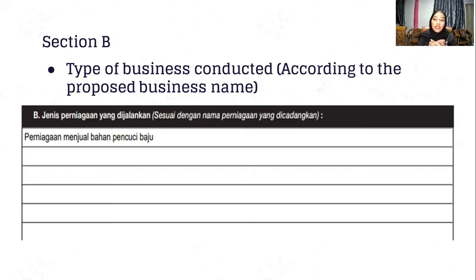Our business is to provide detergent material to wash clothes, something like that. We use it to wash clothes, so we provide a detergent. So we decide to sell a detergent product to our customers with our product certified.